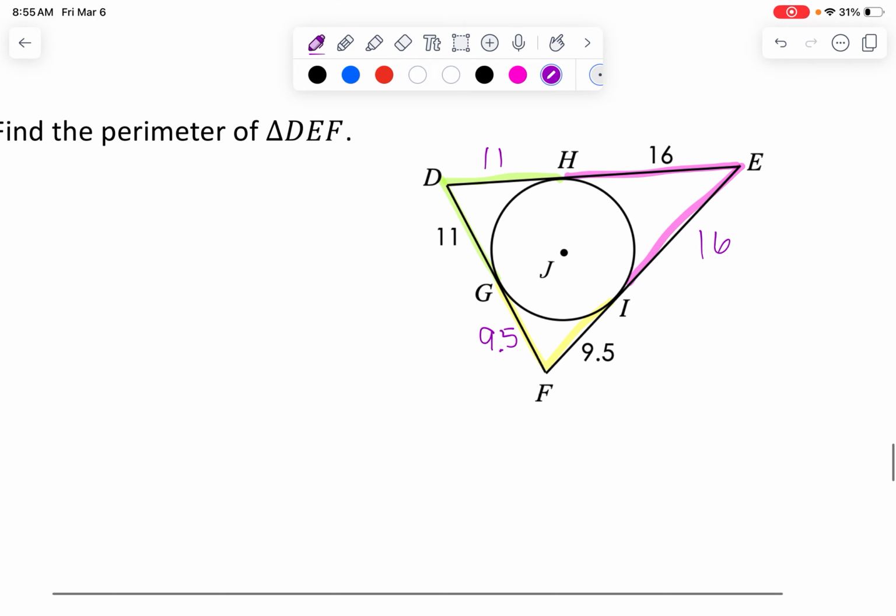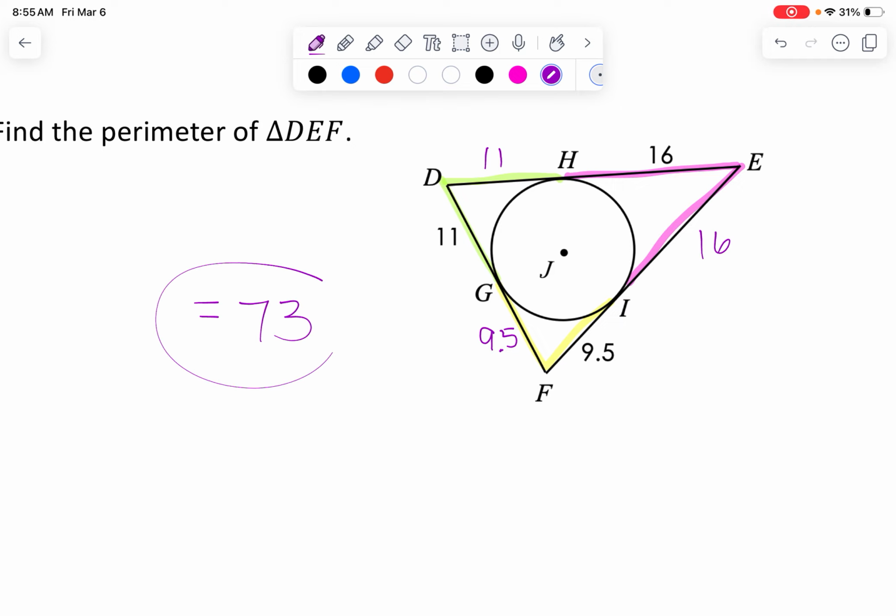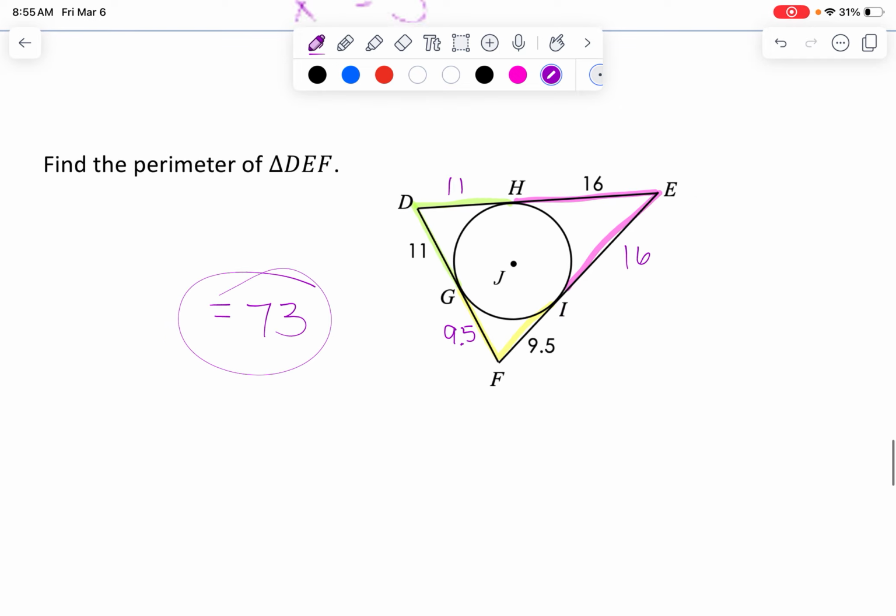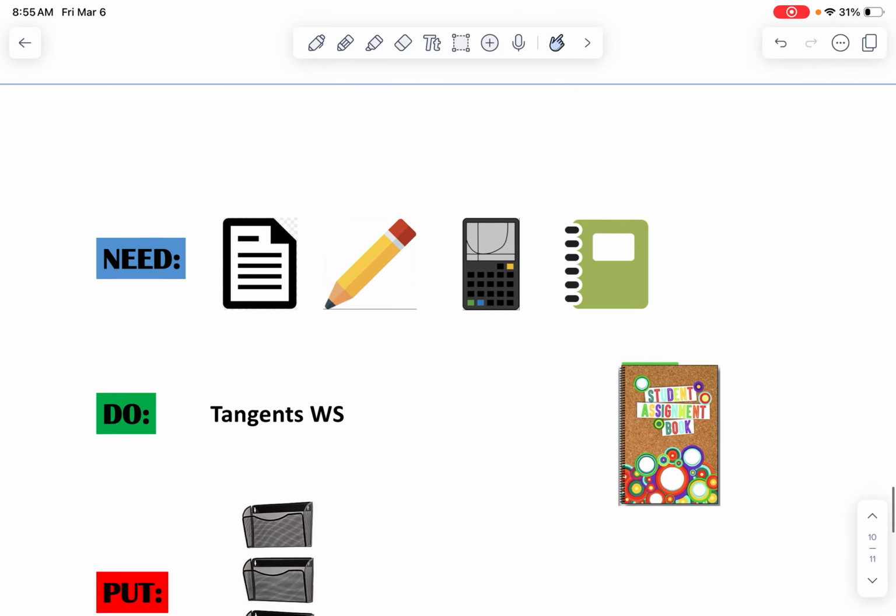So now I can just add all of that up. 32 plus 22 plus 19. So the perimeter would be equal to 73. And that's just using that property, knowing that they're tangents, and then combining that with the other property, knowing that then they're congruent. And that's that.